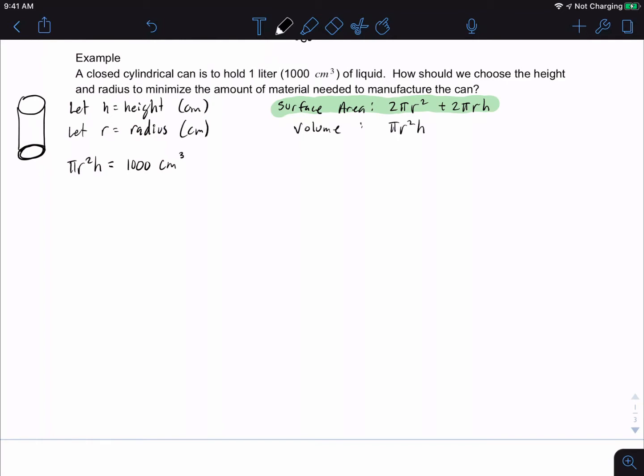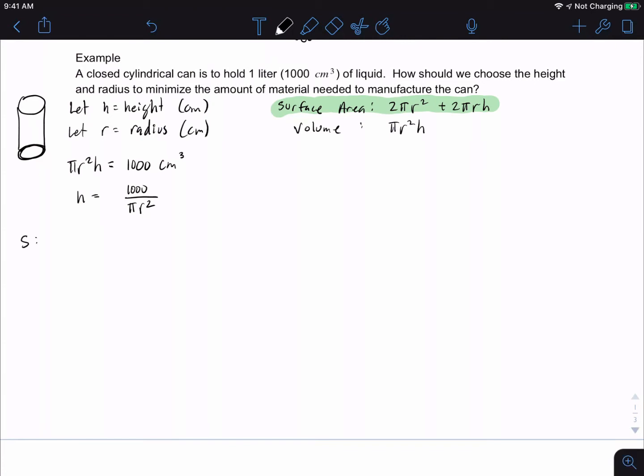And so I could solve for r, or I could solve for h. For me, it's going to be easier to solve for h because I don't want to deal with square roots. So h equals 1,000 divided by pi r squared. And now I'm going to use this substitution for h in my surface area equation.